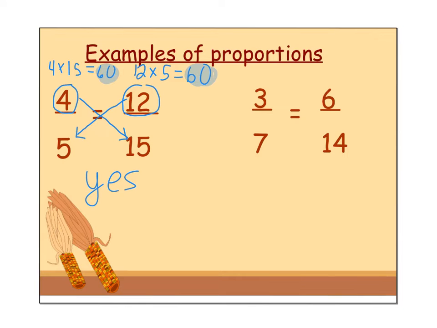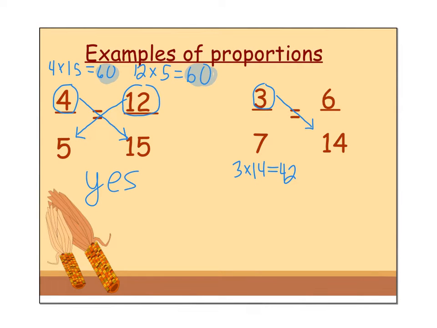All right, let's go ahead and look at this second example. We're going to take the first number of my first fraction, so the 3, cross through the equal sign and multiply times the 14. So I'm going to have 3 times 14, and I end up getting 42.